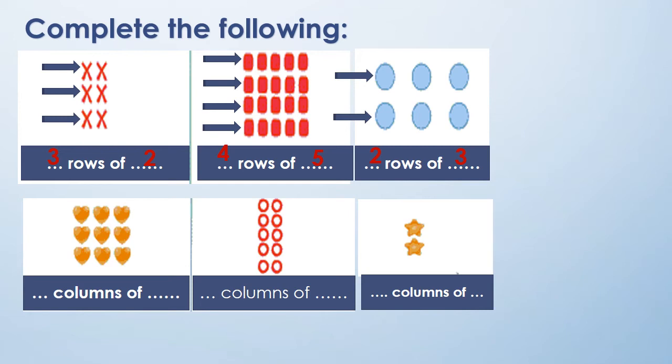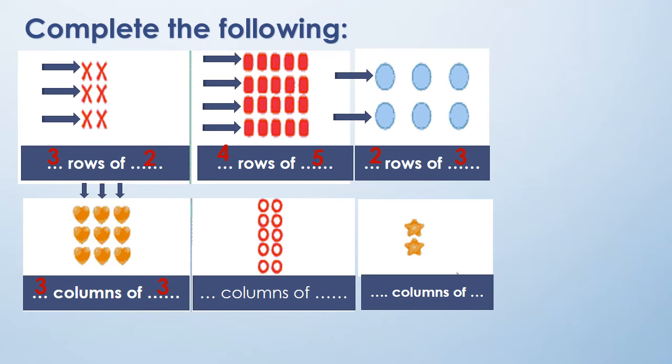The next, he asked me to count how many columns. Let's count. 1, 2, 3. There are 3 columns, and each column has 3 objects. Then this array can be written as 3 columns of 3.